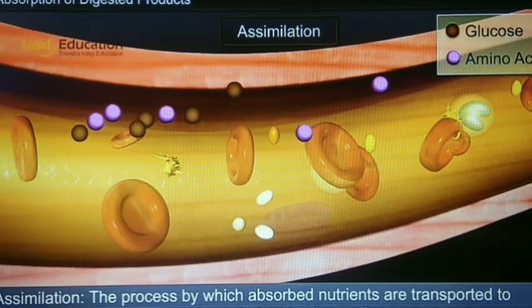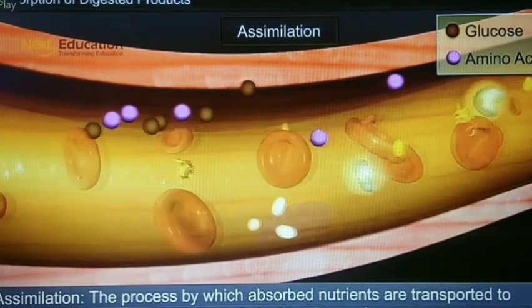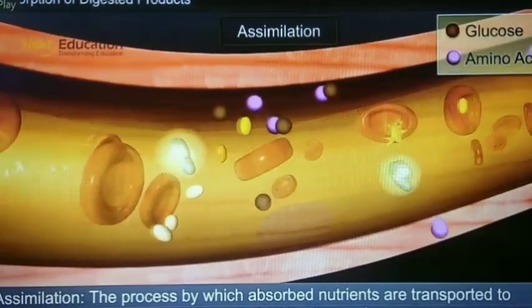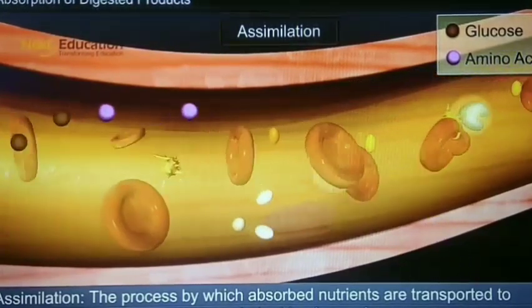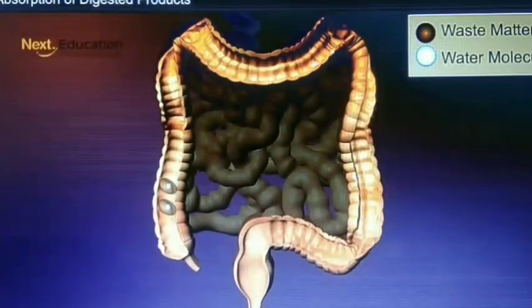In that way they get assimilated. That process we call assimilation. The body utilizes these nutrients for its own activities. So through the bloodstream these nutrients are being transported to different parts of the body.